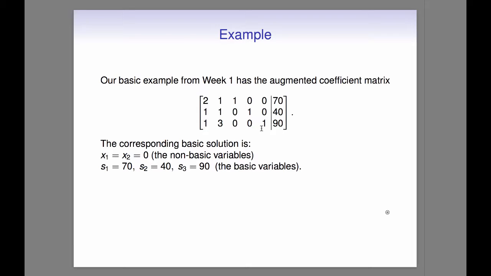And corresponding to those basic variables, we have a basic solution. That solution is attained by setting the basic variables equal to the corresponding numbers on the right-hand side and setting the other variables equal to 0. So in this case, x1 and x2, our decision variables, are set to 0, and our slack variables are set to 70, 30, and 90 respectively.